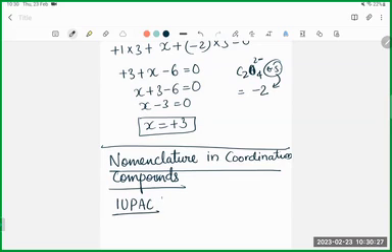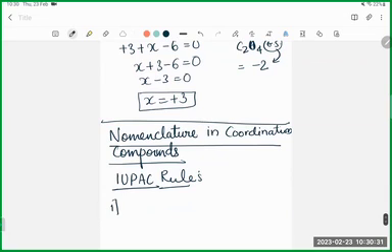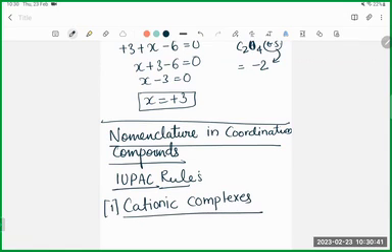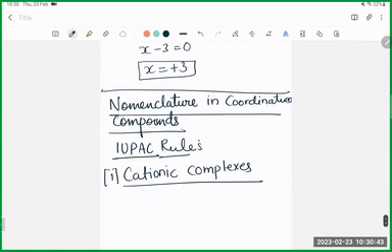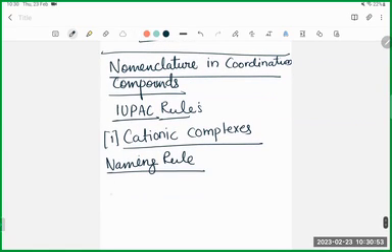Let us first begin with the cationic complexes. Cationic complexes follow a sequence, a naming rule. What is the naming rule? Name of the ligands.